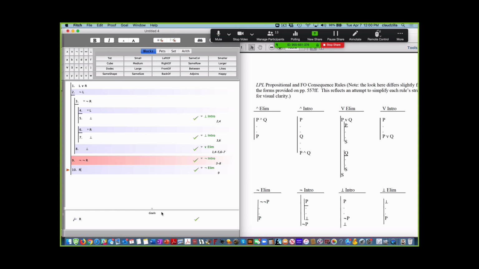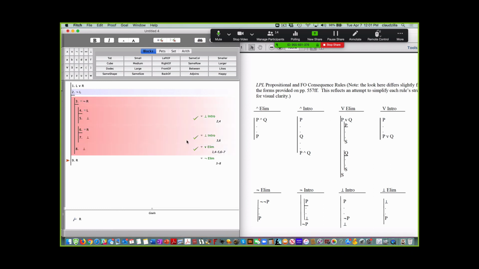Thoughts? And also, instead of doing double negation R, if you just put R, I think Fitch would understand what you're doing there, no? And this is Ivan again. Yeah, Ivan.